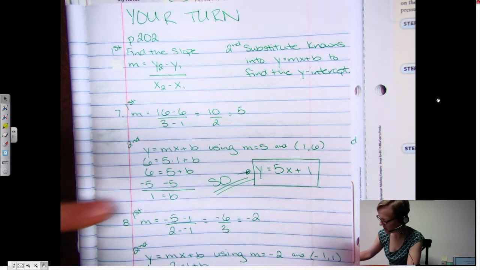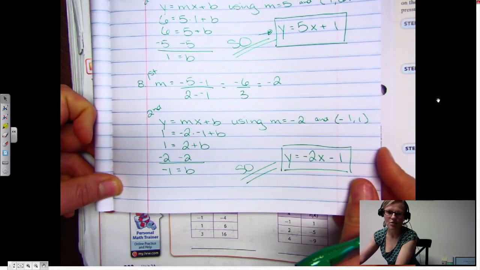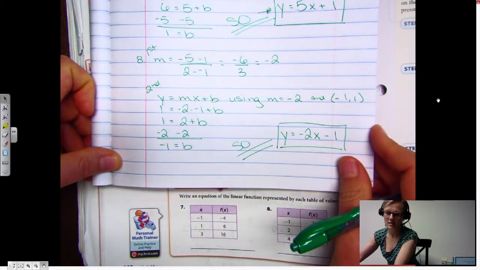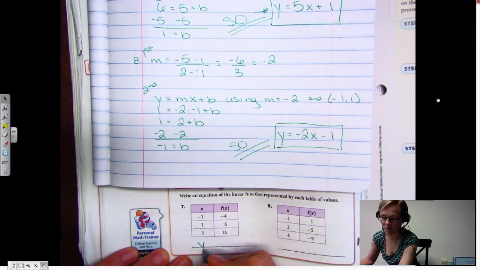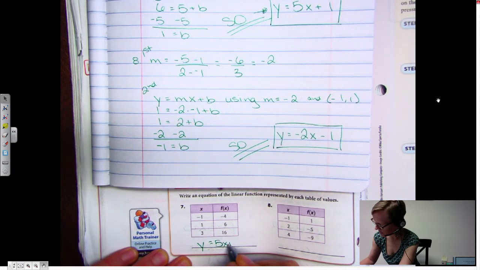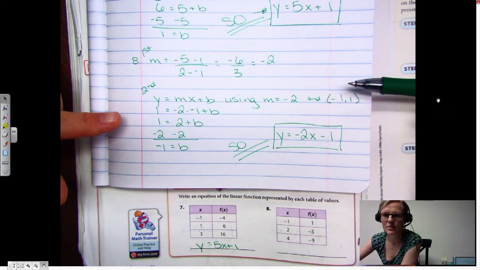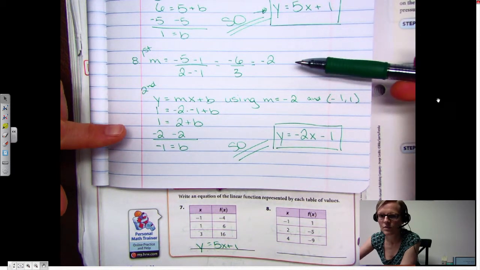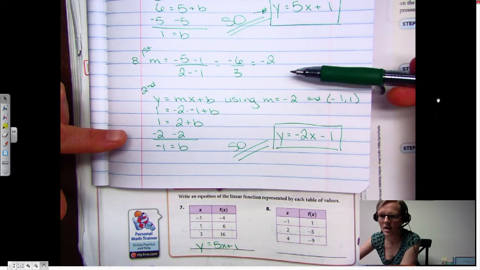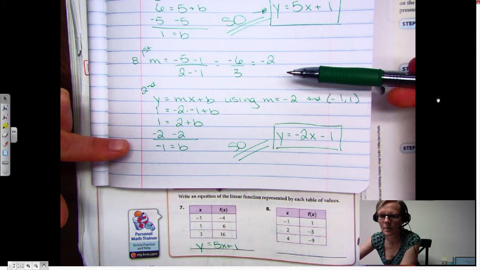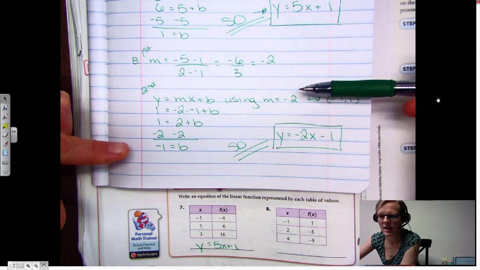Okay, the same work I would do for number 8. So let me plug that in down here. Y equals 5x plus 1. So I did the same steps for number 8. I chose 2 of the points. I used the slope formula, and I found out my slope was -2. For the step number 2, I used my slope I just found in step number 1.